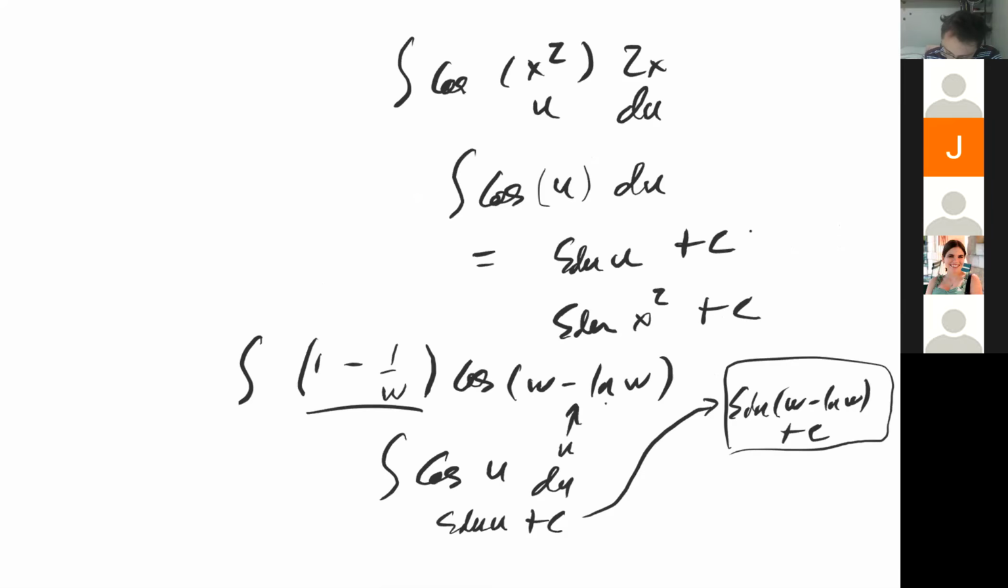Yeah, I can go back to number 2. It's right here. Oh, the answer is sine of (w minus ln w) plus c, unless I made a mistake. Okay.